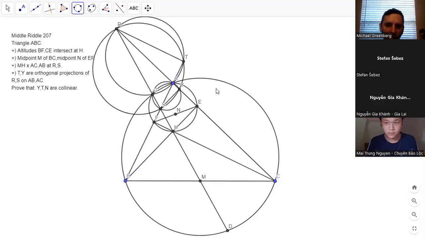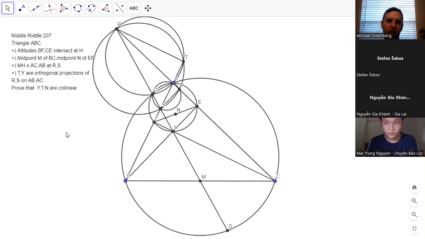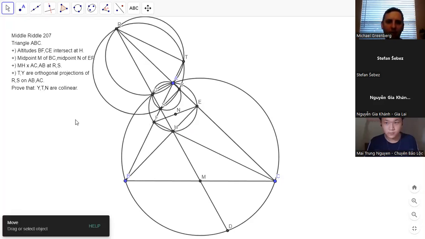And by that we have that angle FHS is EHY. Yeah, and similarly FHR is EHT. So we have that H, Y, and T are collinear. So right now I just saw that we need to show also that.